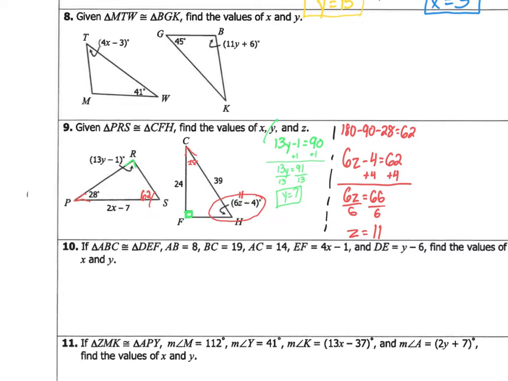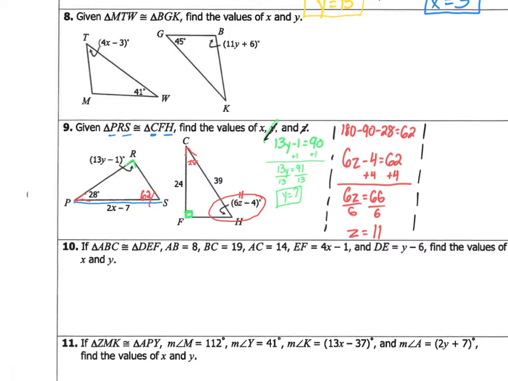Then the last one is going to be a side. But which side? So we did Z, did Y. So we have to find X. So PS is the same as what? CH.